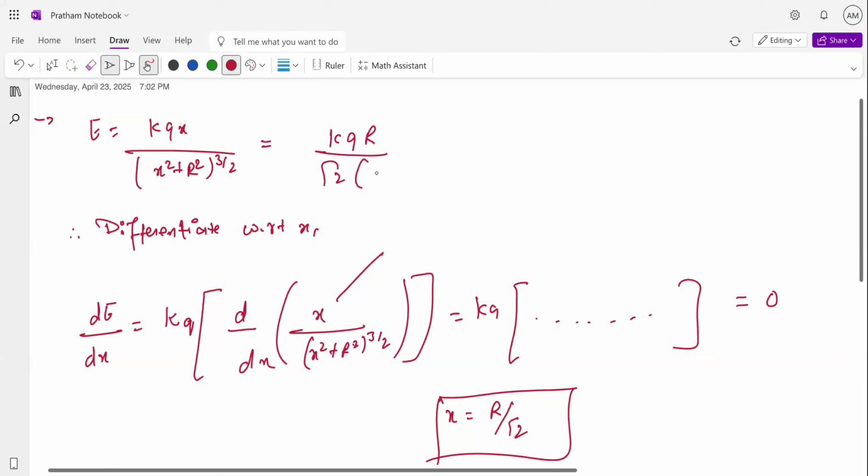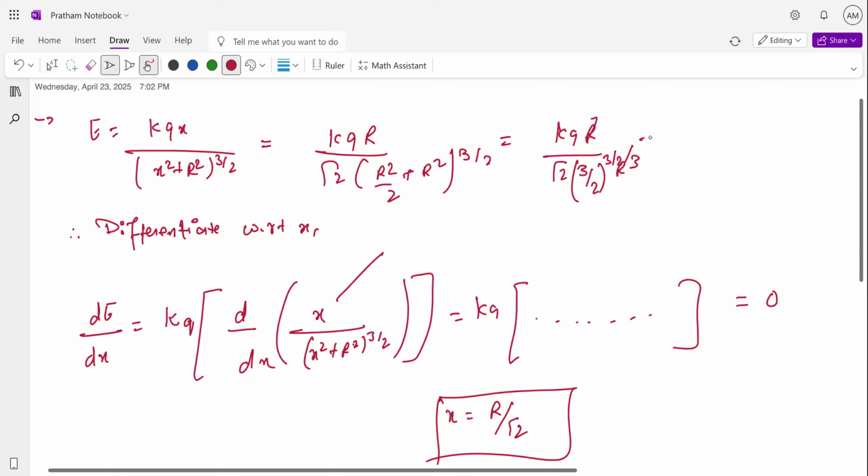Inside, r square divided by 2 plus r square, and 3 by 2 is there. So r square becomes r cube outside, and you are left with 3 by 2 to the power 3 by 2.